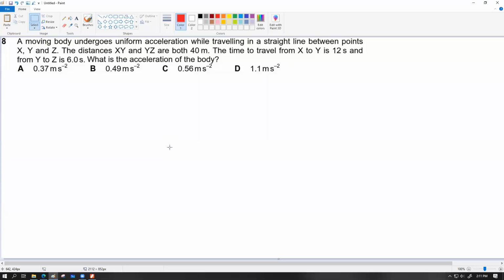Okay. So just to solve this problem, let's try to draw this whole figure so that we can work with it. Let's say this is our entire segment of xz, and here is x, here is y, here is z. Both of the lengths are 40 meters.